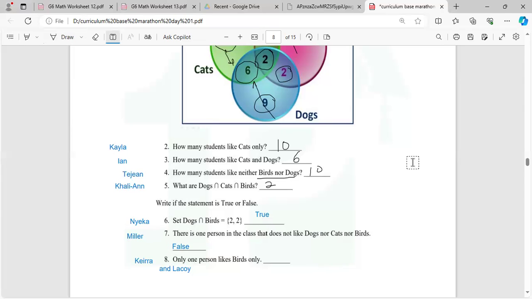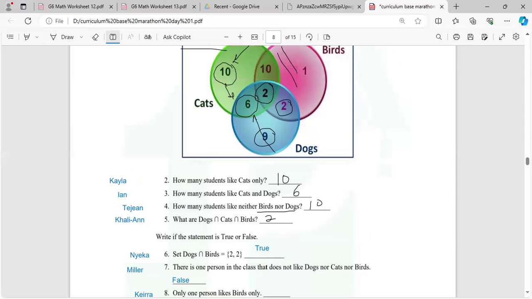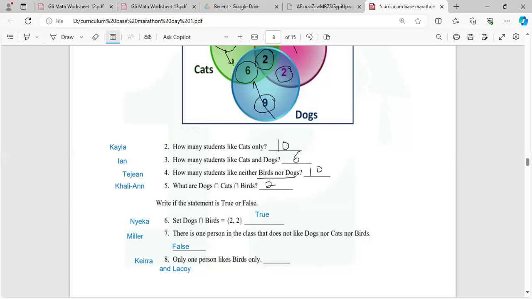All right. So for the 8, Kira and then Lakoy. It says only one person likes birds only. True or false? True. Is that what you say, Kira?